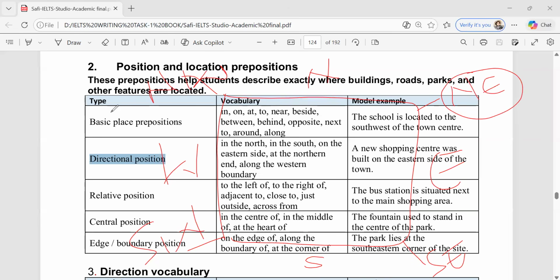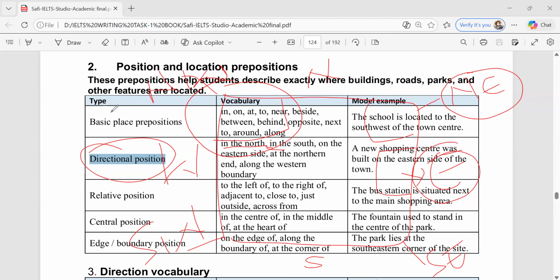For example, before we had a school here, and the school was on the northwest corner, but now it has been relocated, towards the east. Can you see? This is the east. This is the language we will need there, and that's why directional position is very important.